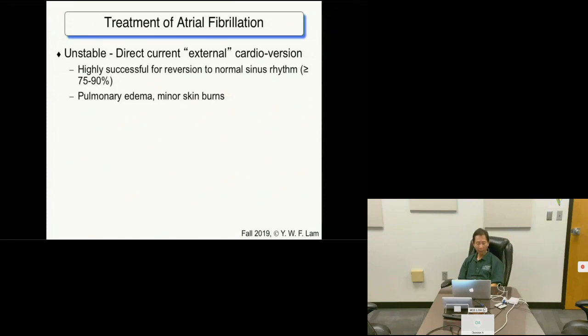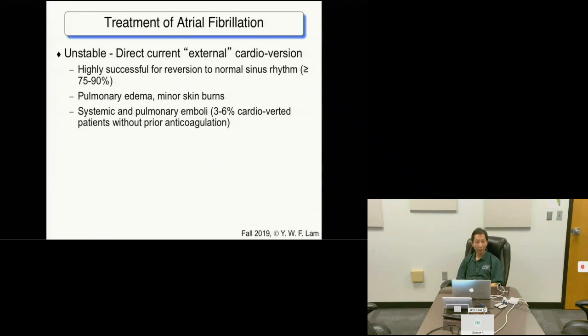And the downside is not really that much. Obviously, if someone is applying that much electrical energy to the chest, minor skin burn is not unexpected. Other side effects include pulmonary edema, as well as emboli. And again, if the thrombi are poorly attached to the myocardial wall, whenever we suddenly and acutely change that rhythm by changing the patient's atrial fibrillation back into normal sinus rhythm, that's when those loosely attached thrombi are easily thrown into the systemic circulation.